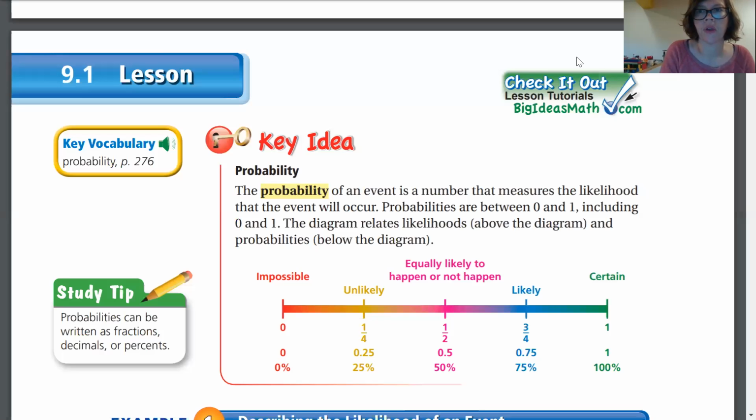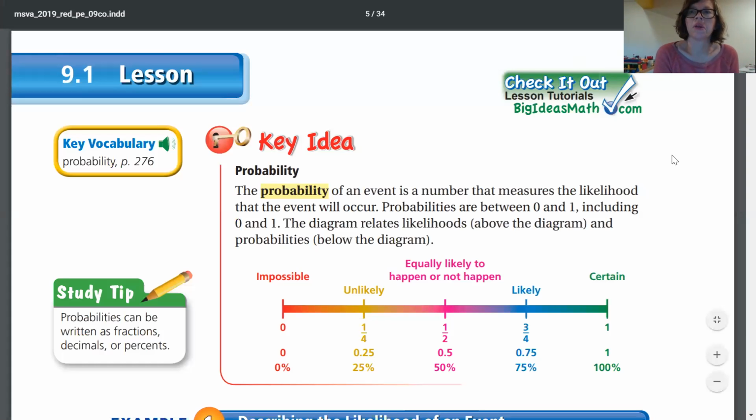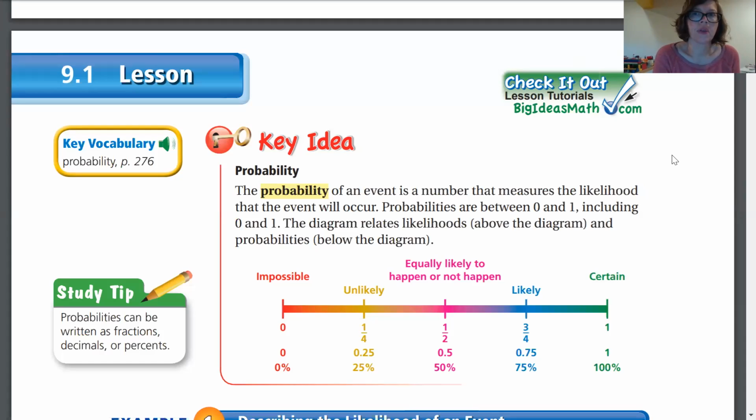All right, now we're gonna look at lesson 9.1 in Big Ideas Math, and we're gonna look at the key idea about probability. The probability of an event is a number that measures the likelihood that the event will occur. Probabilities are between 0 and 1, just like we saw in the video clip, including 0 and 1.